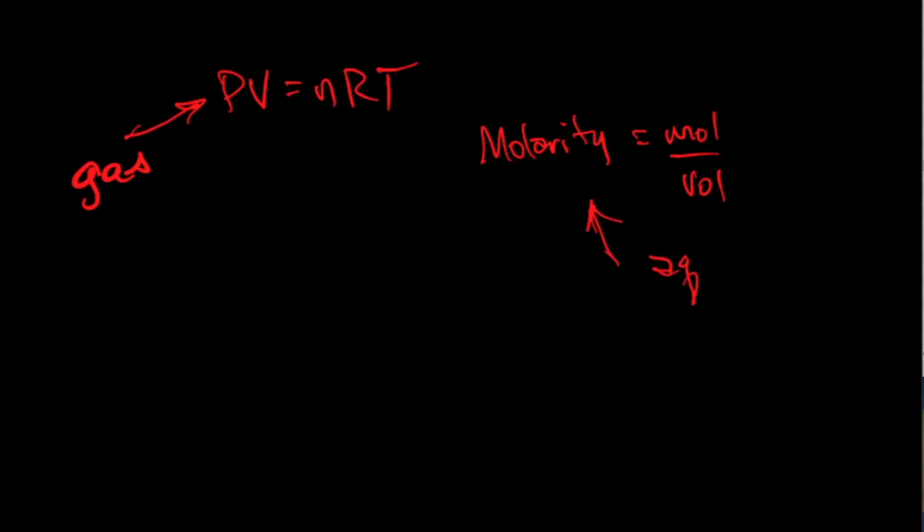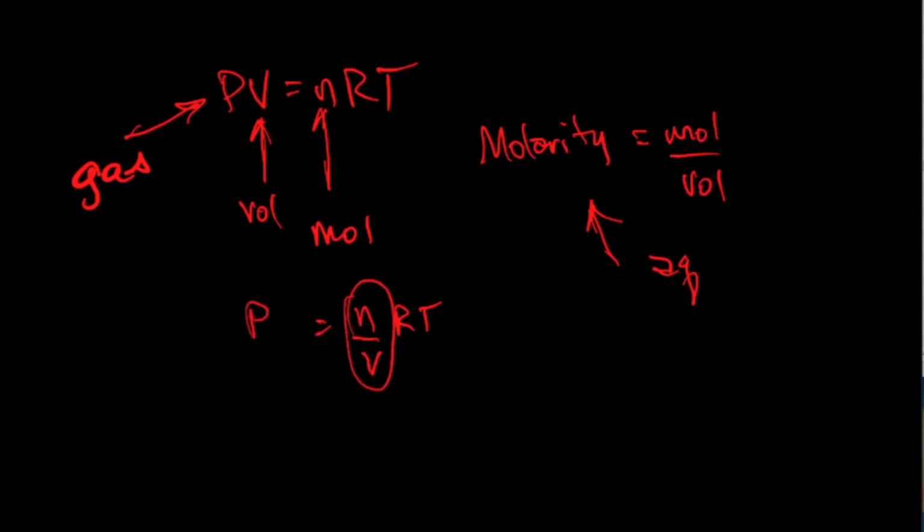If you have a gas and you have a container, you can have molarity, and that's because this is moles and this is volume. So we rearrange this equation. So what we have is n over V RT equals P. That right there is molarity, moles over volume.